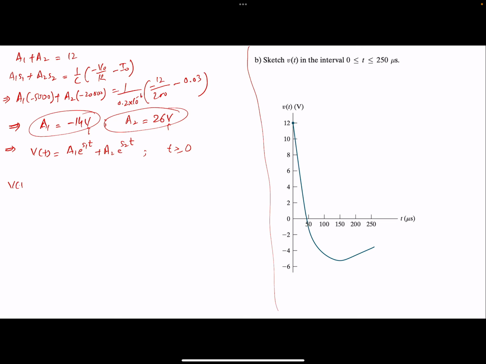So let's write it down. v(t) equals A1, which is minus 14, times e to the S1, which is minus 5,000, t, plus A2, which is 26, times e to the S2, which is minus 20,000, t, for t greater than or equal to 0. So this is the voltage that we get.